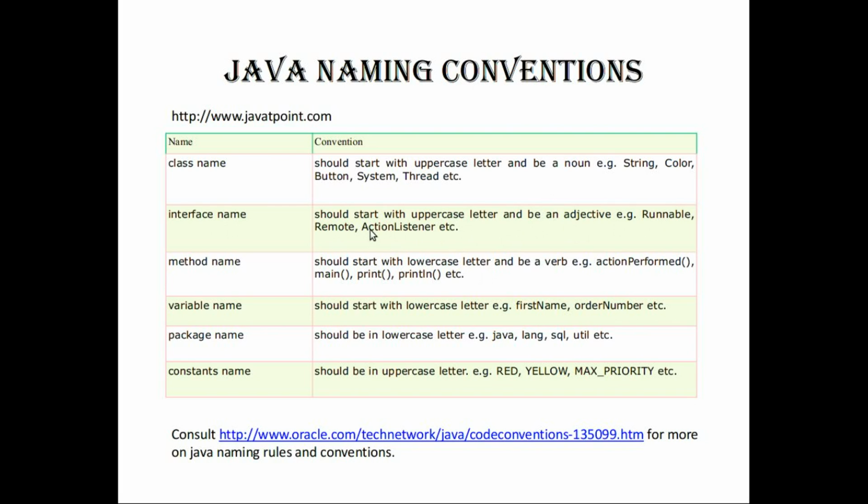There's another convention. When your class name or your interface name has multiple words, then you should capitalize the first letter of each word. It's usually referred to as camel case. Like here, you see ActionListener. It has 2 different words, so the first letter of every word is capitalized.